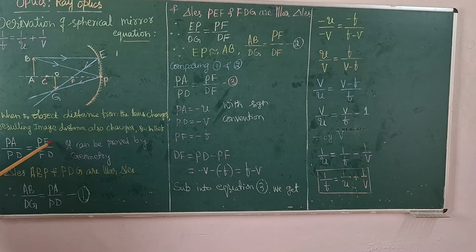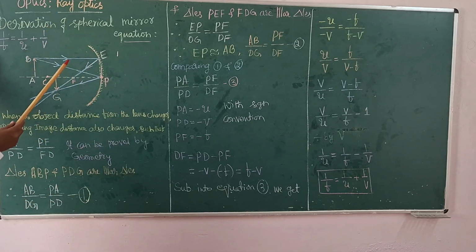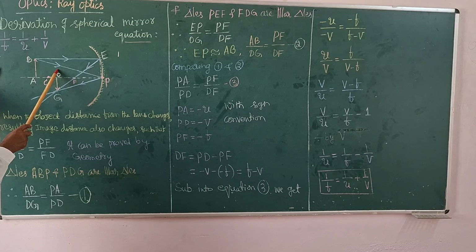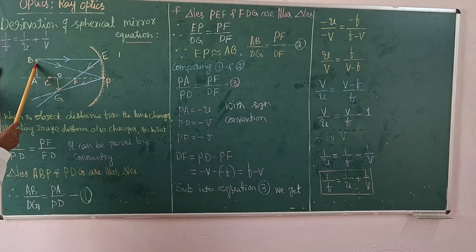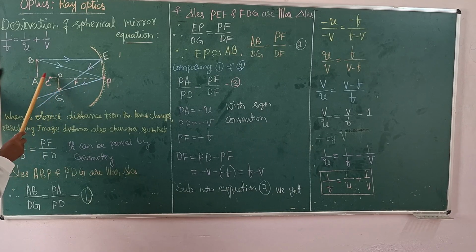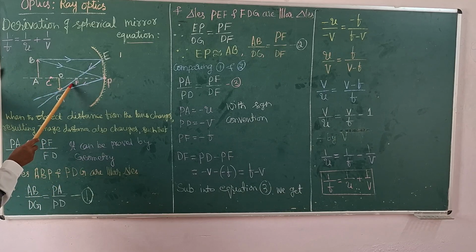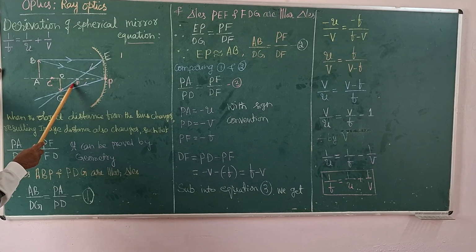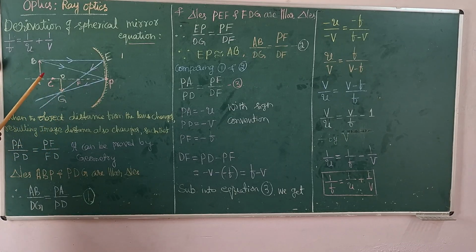Let us go for proving this equation. This is the diagram you have. In this diagram, I am taking two triangles: this triangle with the object, and this triangle with the image. This triangle is ABP, this triangle is PDG. These two triangles are similar triangles because two angles of both triangles are equal.